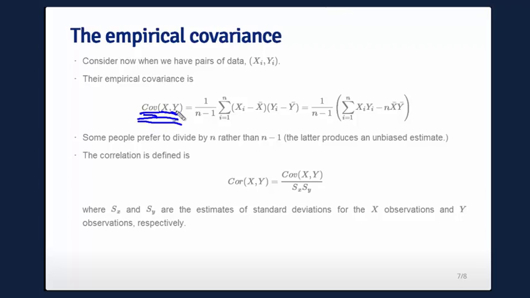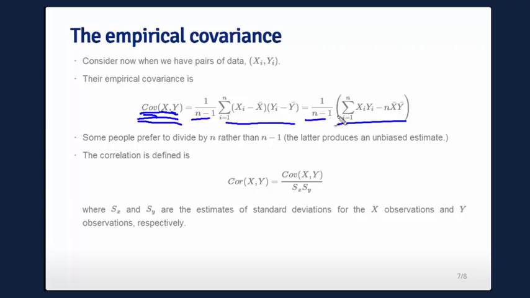So the covariance is the sum of the centered products, xi minus x bar, yi minus y bar. There's actually a shortcut formula right there. Again, just like the standard deviation, we divide by n minus 1. The correlation is related to the covariance.